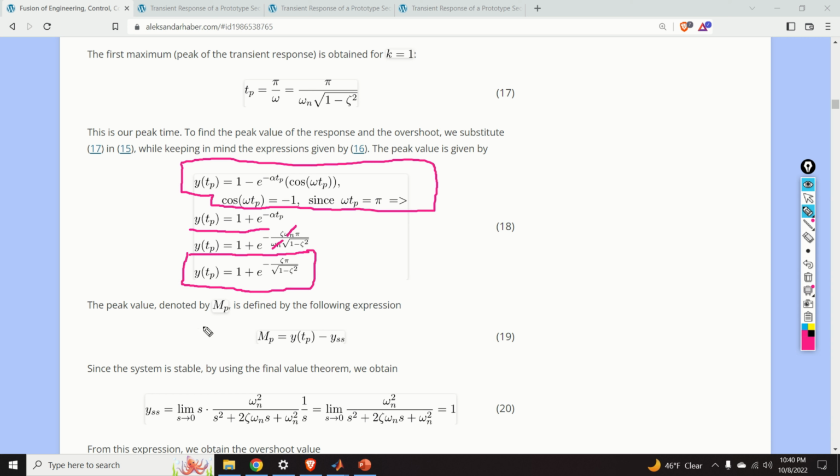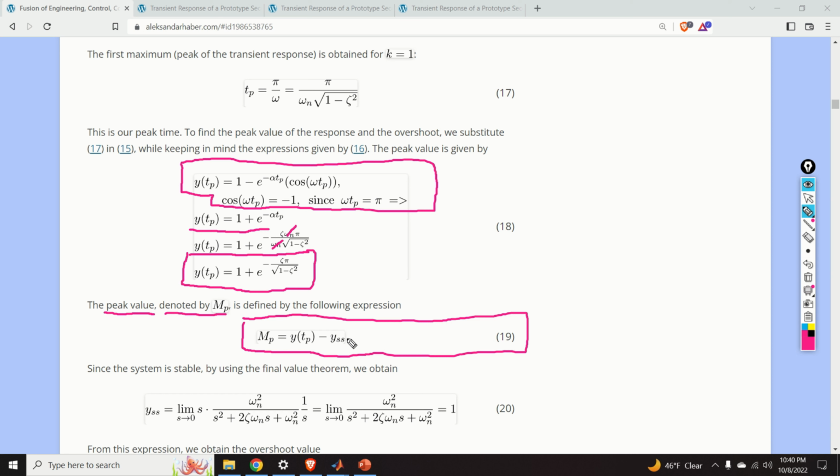However, we still need to compute the peak value. The peak value is usually denoted by MP, and it is defined by this expression, by the equation number 19. So we take the peak value of the function and we subtract from this peak value the steady state value of the function.